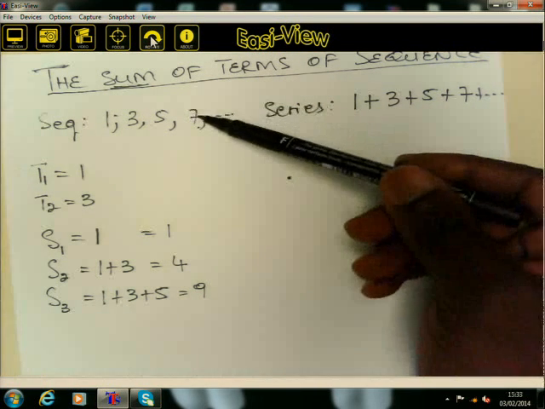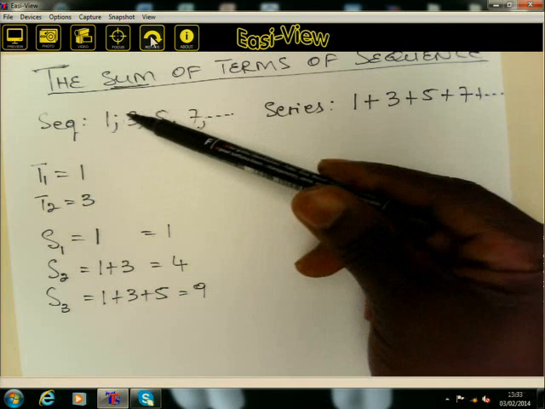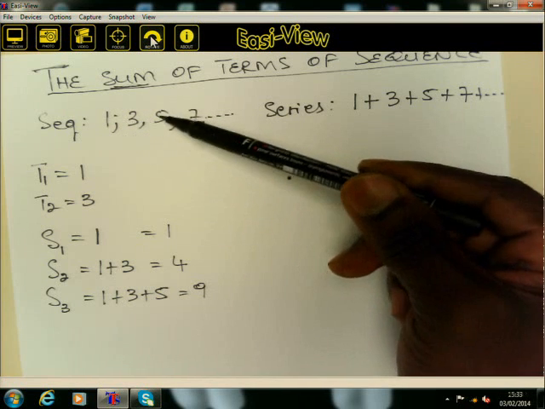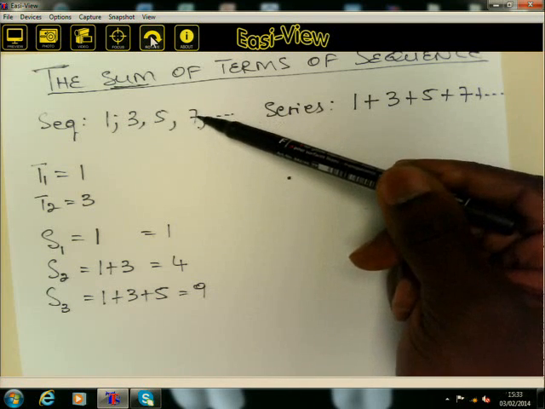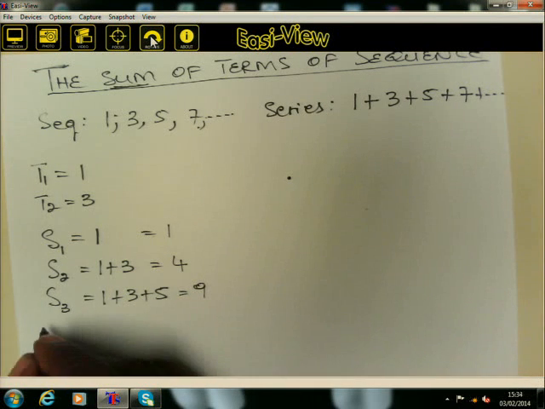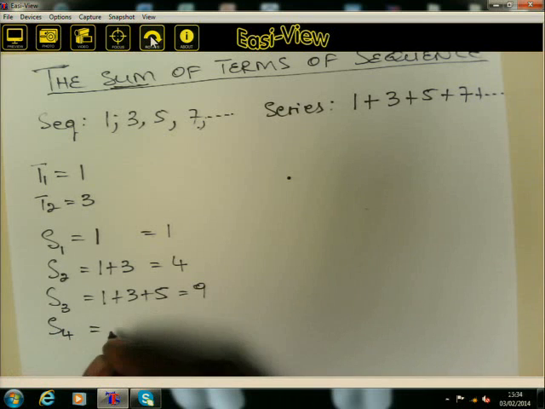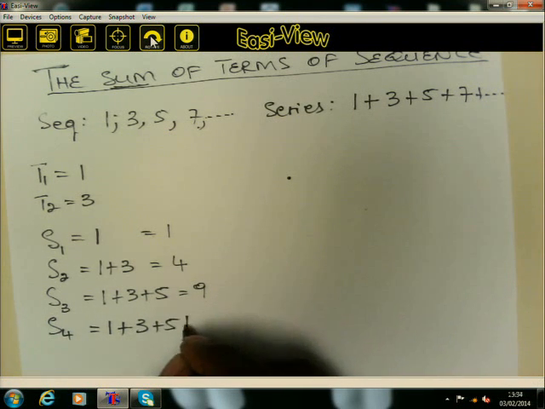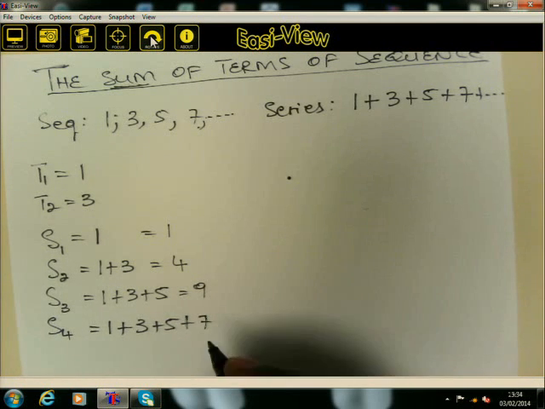The sum to 4 terms will be 1 plus 3 plus 5 plus 7, meaning S4 will be 1 plus 3 plus 5 plus 7, which is nothing else but 16.